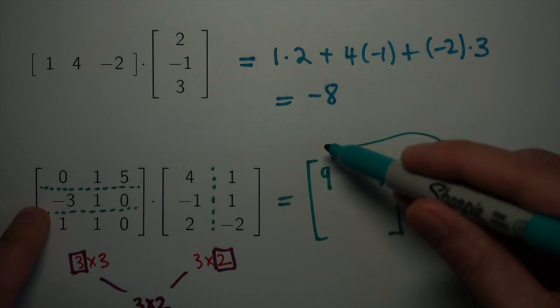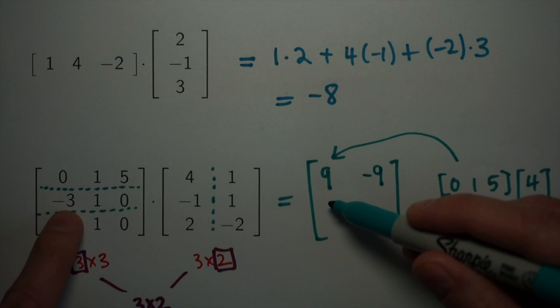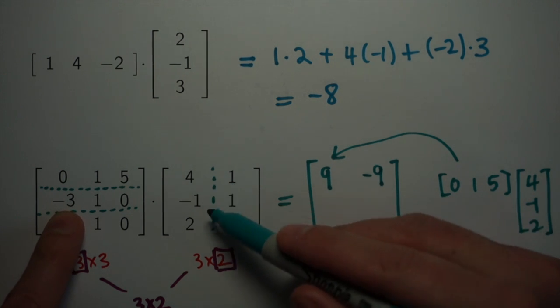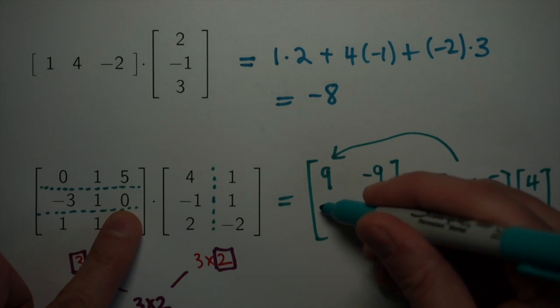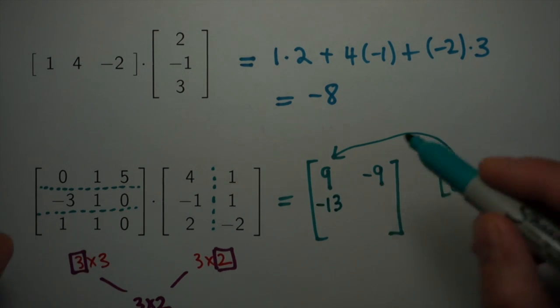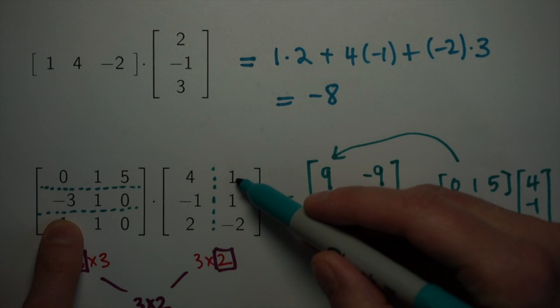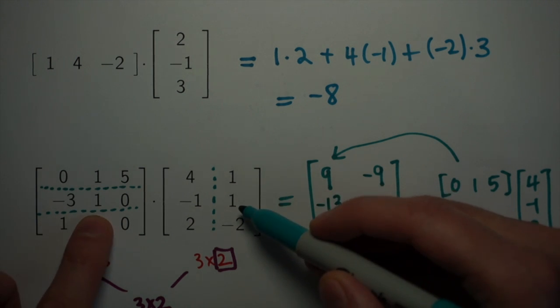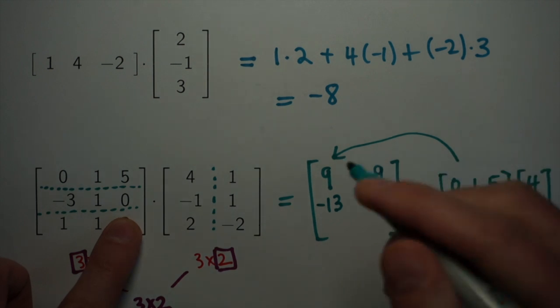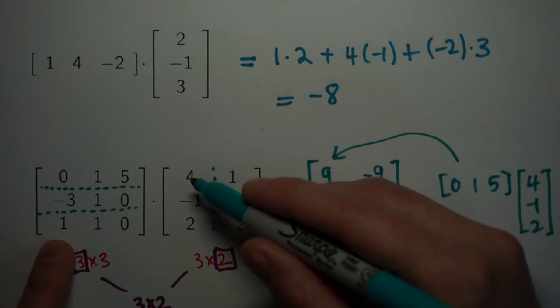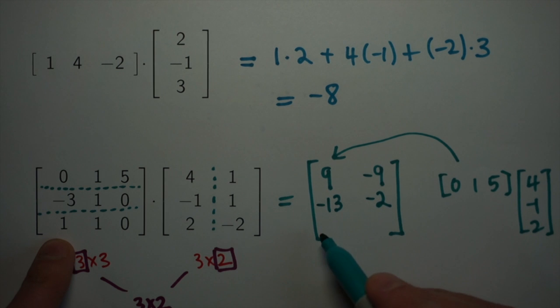So we take the second row times the first column. We'll go in the second row in the first column of our new matrix. Negative 12 minus 1 is minus 13, plus 0 is negative 13. This next spot will be negative 3, plus 1 is minus 2, plus 0, so minus 2. Then last row by the first column will go in this spot here.